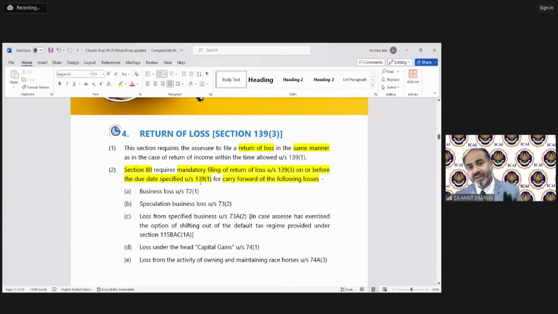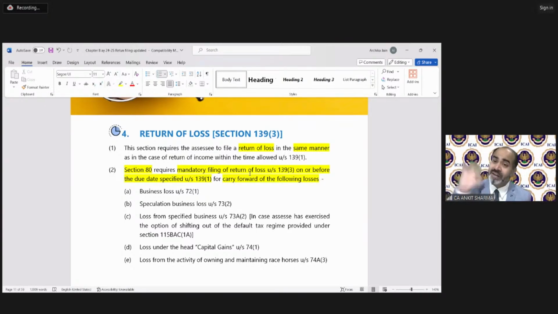And it says mandatory filing of return of loss under section 139(3) on or before the due date specified in section 139(1) to carry forward the following losses. So section 80 is saying that it is mandatory to file your return if you want to carry forward the loss. Section 139(1) does not say that you have to file your return mandatorily if you are suffering from loss.